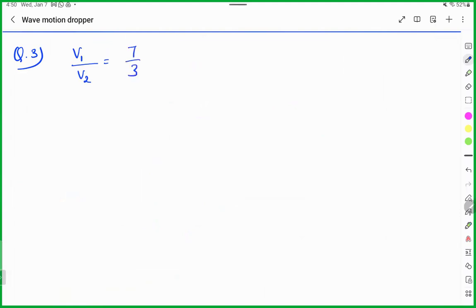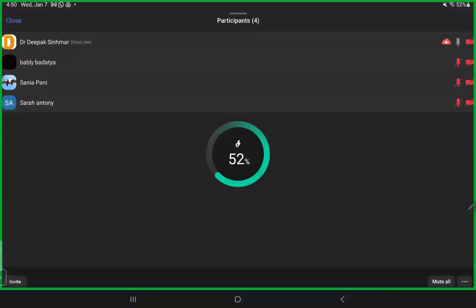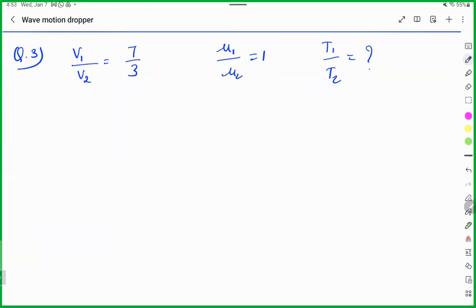If nu1 by nu2 is equal to 1, then calculate T1 by T2. Got it, guys? Answer.